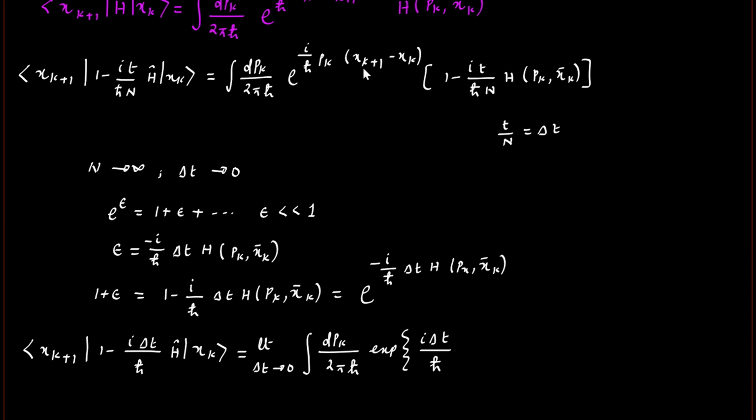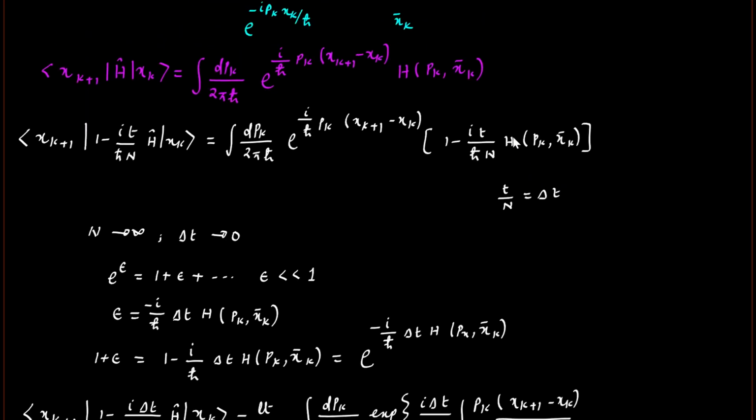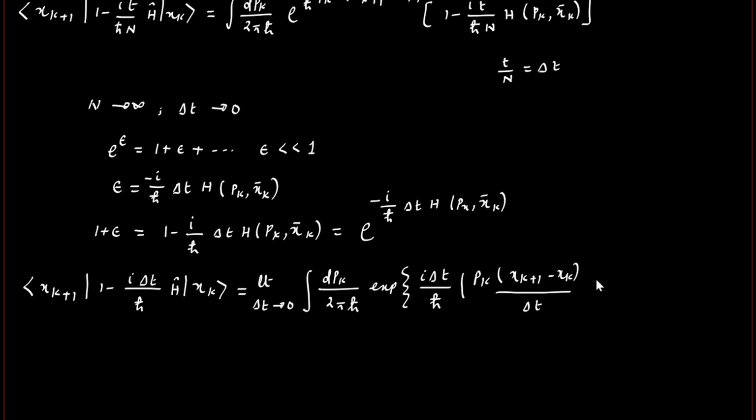In this expression I can take out delta t, so I have to divide by delta t: p_k (x_{k+1} minus x_k) divided by delta t, and then for the remaining quantity we have minus the Hamiltonian term H(p_k, x bar k) inside the bracket of this exponential term.